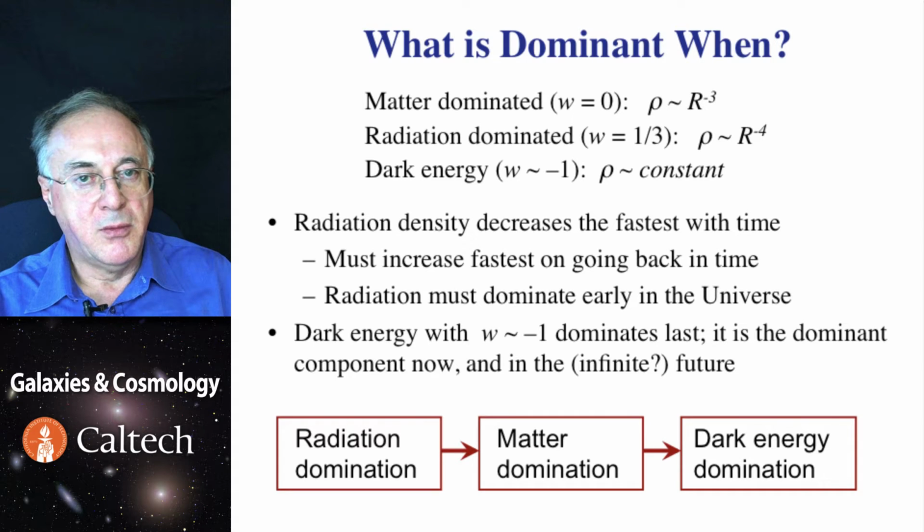Eventually, the density of both matter and radiation drops sufficiently to reach the level of the constant energy filling the universe, the cosmological constant, and after that, the cosmological constant must dominate. So generally, it's always true that radiation dominates the early universe no matter what, and the present and the future universe will be dominated by the cosmological constant, or dark energy that behaves in that way.